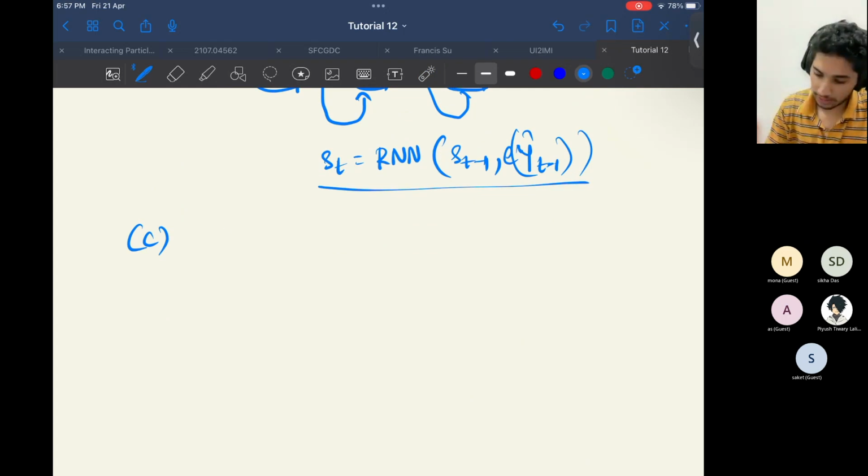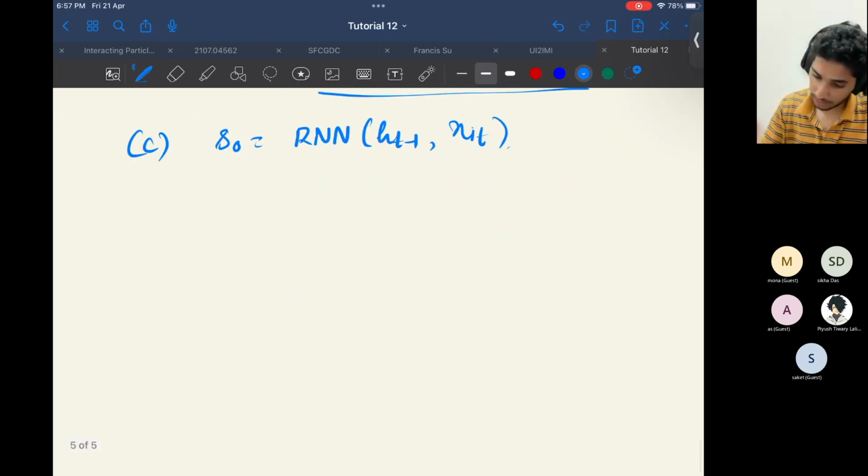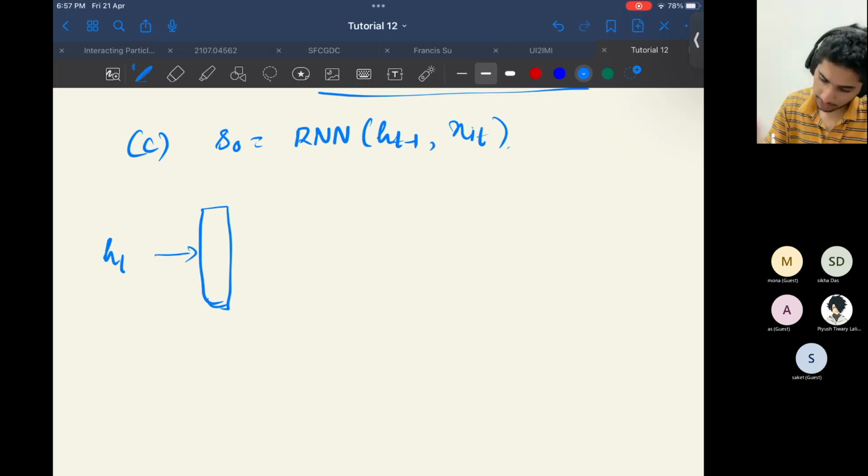The third option is S naught is equal to RNN of H T minus 1, X i T. What is this saying? It is saying that you have something as input. You get some H T minus 1 as input here, and you are also getting some X i T as input here.